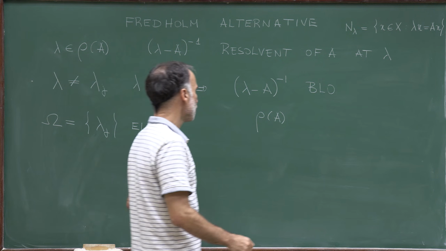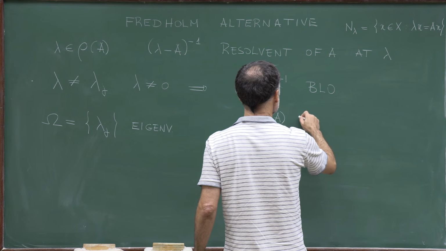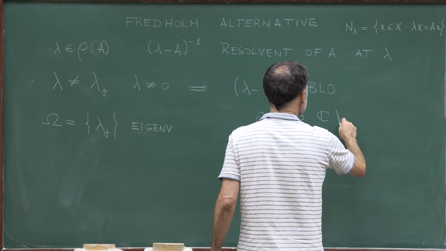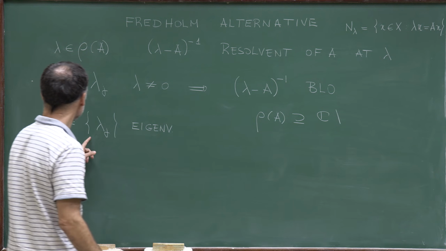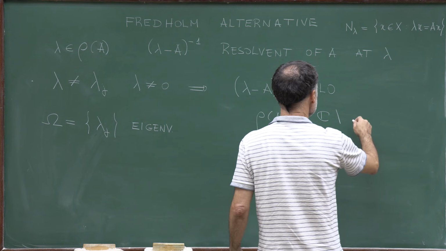And what we just proved is that if you are different from omega and 0, then you belong to the resolvent set.